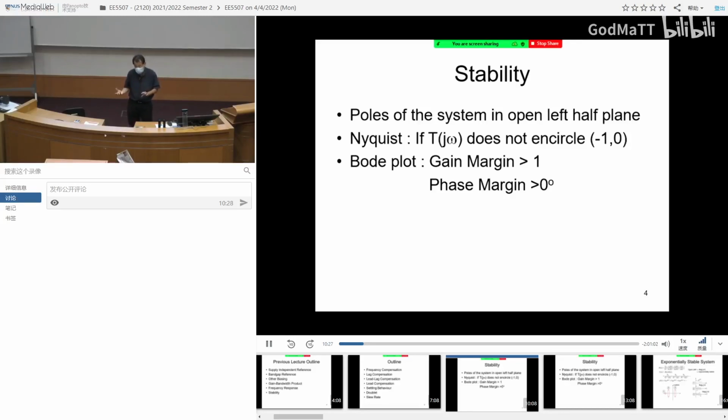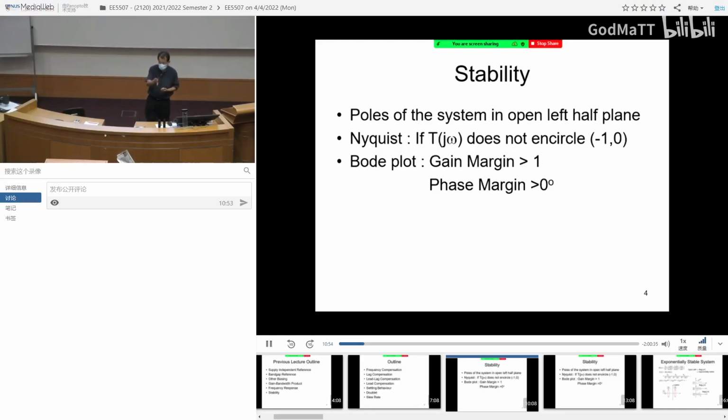If you are good at the mathematics, or good with MATLAB or whatever, you are able to do that. And you find that all the poles fall in the left half plane, meaning the negative sigma axis. If that is the case, we can conclude the system is always stable.